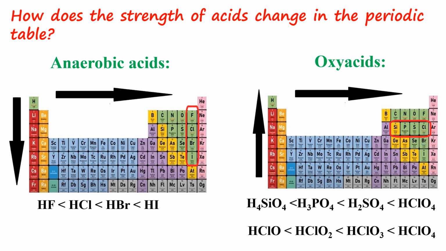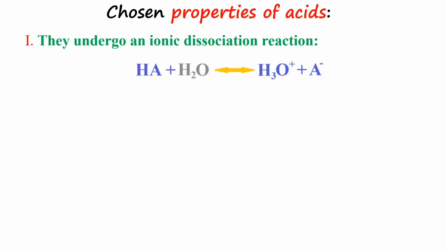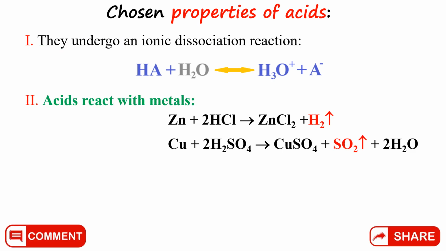Well, that's enough talking about strength and dissociation. Let's go back to the properties of acids. When it comes to the properties of acids, we already know that they dissociate. Acids react with metals. The products of such reactions depend on both the metal and the acid.